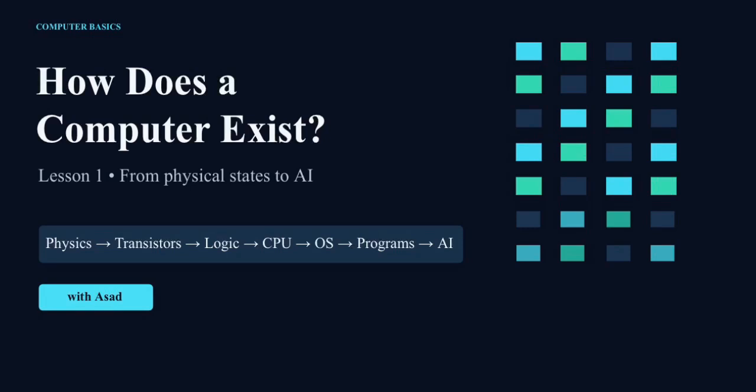This means the same physical machine can become a calculator, a music player, a database server, or an AI system. The hardware does not need to be rebuilt for every task; only the instructions change. This is why a laptop can run thousands of different applications at a time.